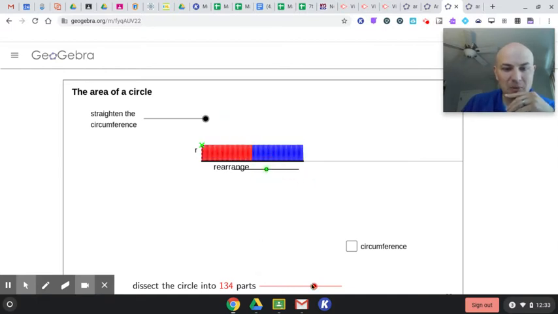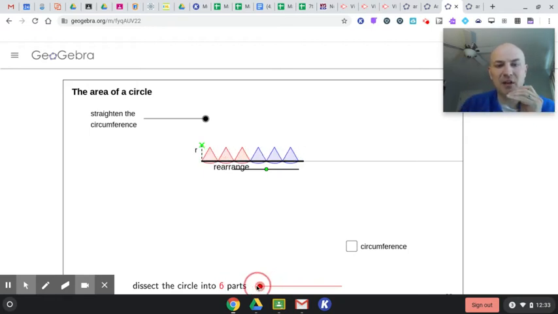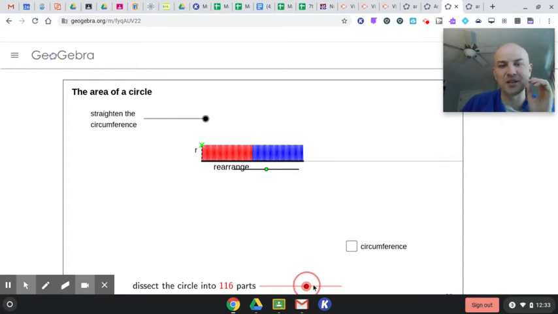If I make them smaller, you can see that again. If I make them bigger, you can see that again. These are all little triangle pieces. In fact, they really have little curved edges on them, just like a pizza slice would. But as I get more and more of them, it's harder to notice that little curved piece. It's almost as if they become little straight pieces because they're so short.